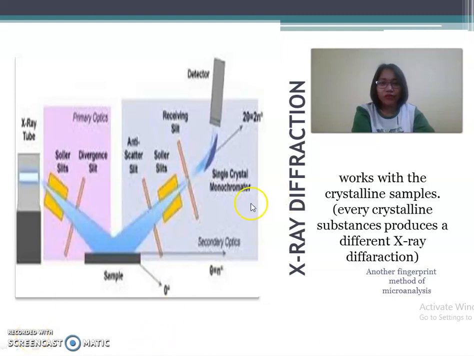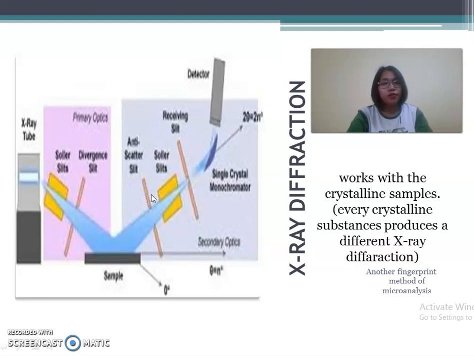Okay, so for the last two test methods, we have X-ray diffraction and we have scanning electron microscope. X-ray diffraction is a non-destructive method of analysis because it is like the X-ray for solid substances, especially for crystalline samples.